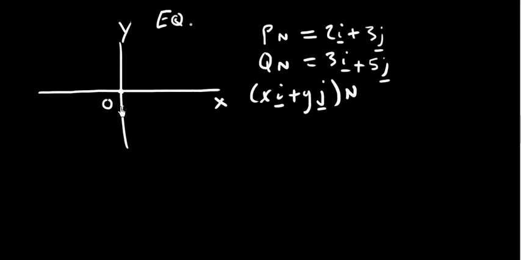Just to make a rough diagram, we're going to solve this in a different way from the normal angles and all of that. P is 2 and 3, both positive, so P would look something like this, 2 in that direction and 3 in that direction.